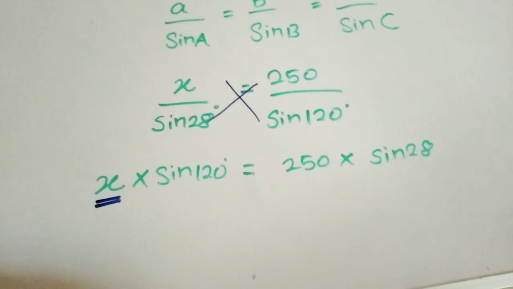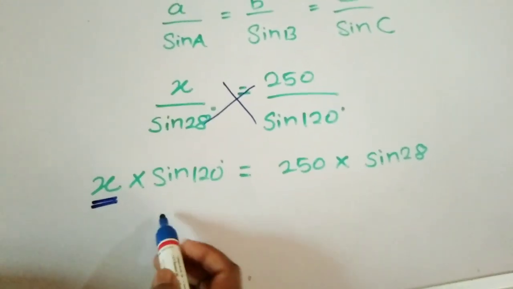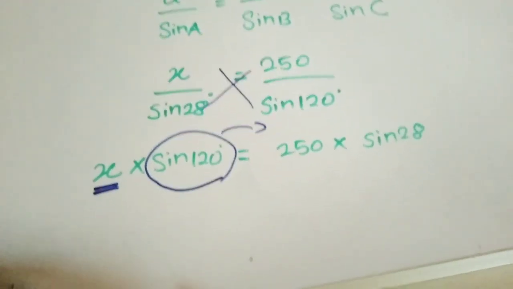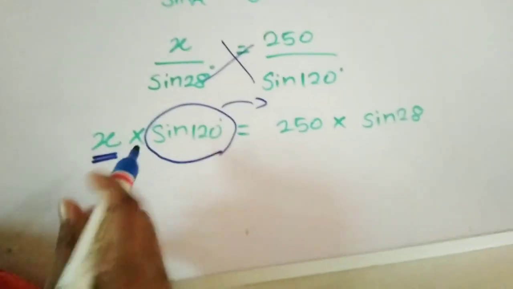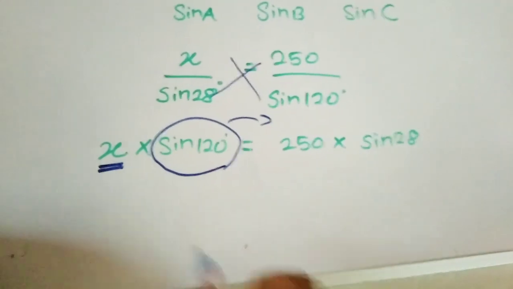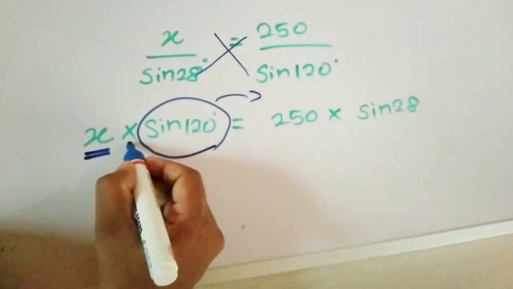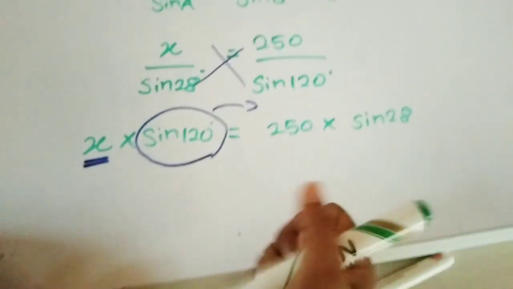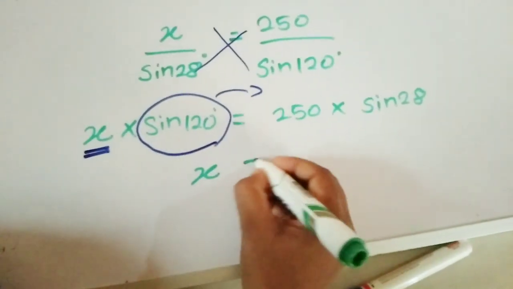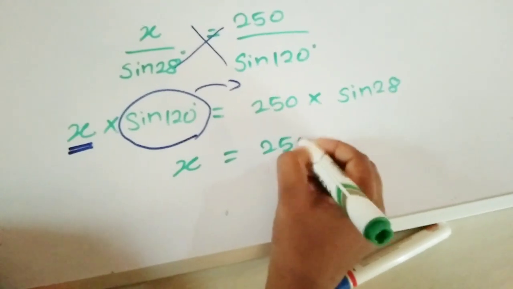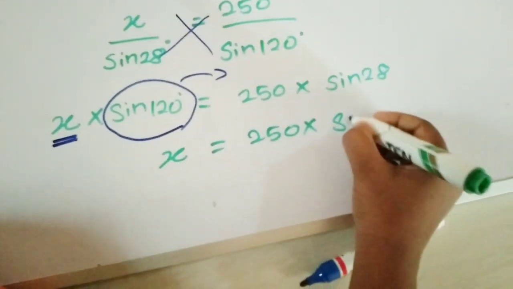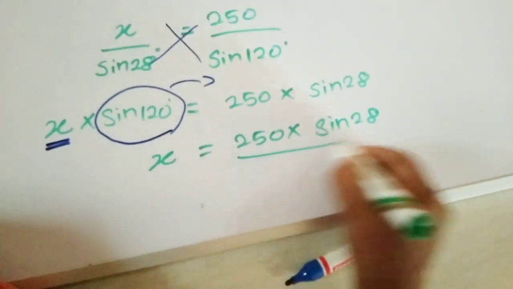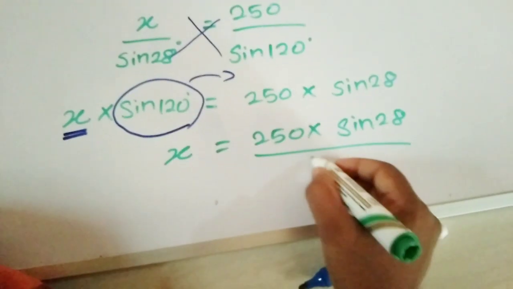We have to find x now. For that, sine 120 is multiplying with x. We have to move it to the opposite side. How can we move that? Here it's multiplication. When it goes to the other side, it's division. So x equals 250 into sine 28 over sine 120.